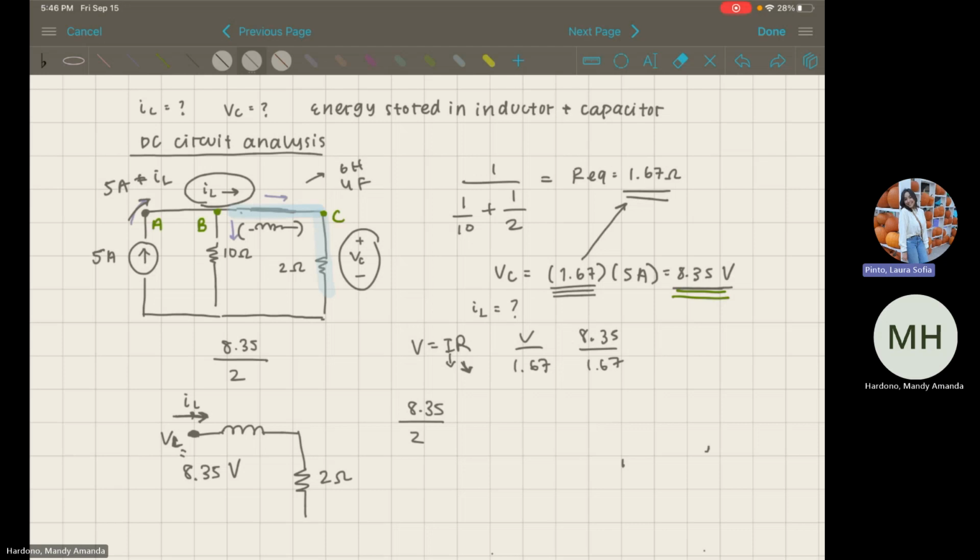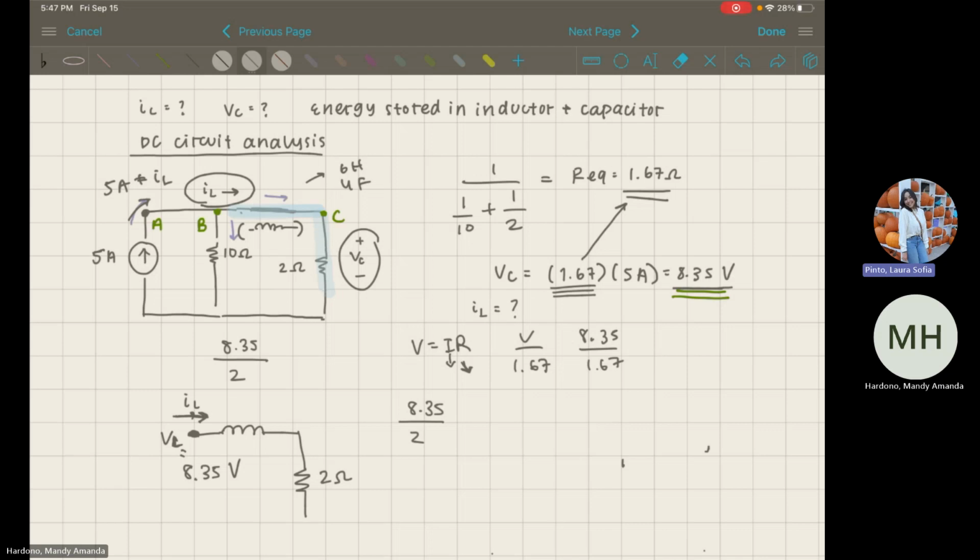So you could use current division here. Yes, this is essentially current division. But I just wanted to highlight that the inductor current IL is going to be the same as the current across this 2 ohms.